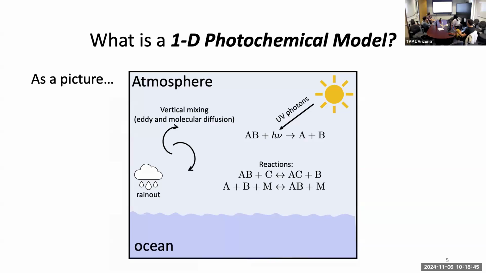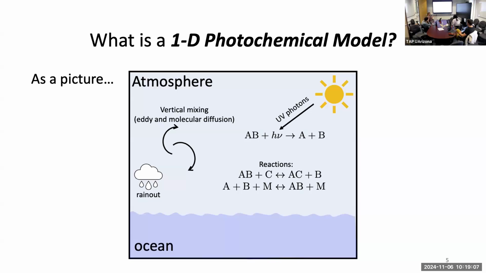Okay, and here's a picture of what a photochemical model is in the context of a rocky planet. Here I'm imagining just a planet like Earth with an ocean. For a planet like Earth, chemistry is driven by ultraviolet light.